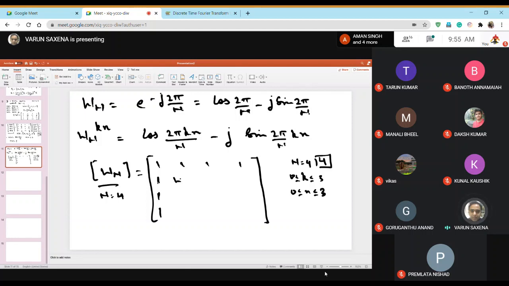Then this was W4^1, this was W4^2, this was W4^3, then this was W4^2, this was W4^4, this was W4^6, this was W4^3, this was W4^6, this was W4^9. So in this case kn becomes equal to 1, kn becomes equal to 2, and you simply put these values in and evaluate.